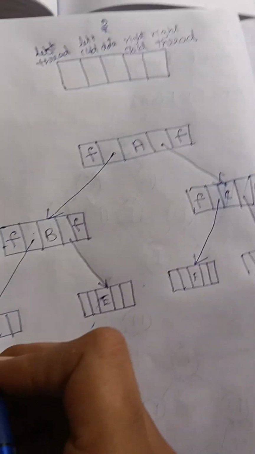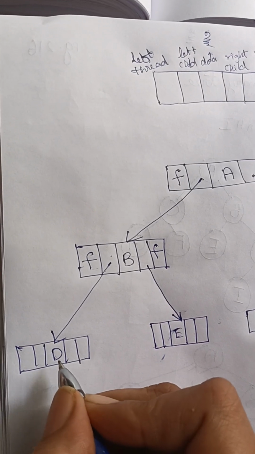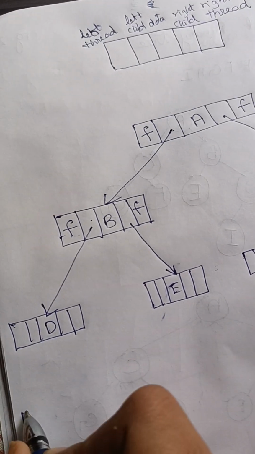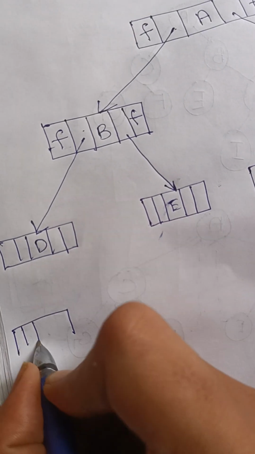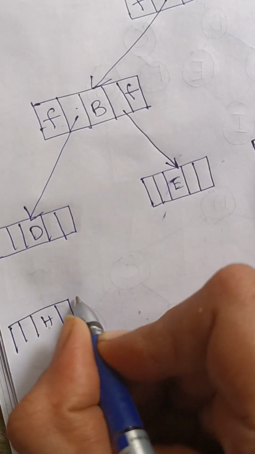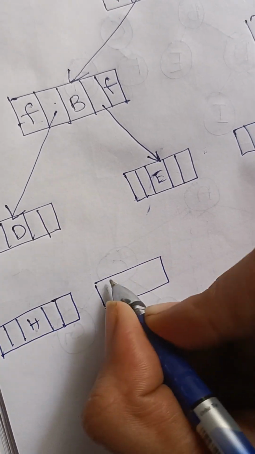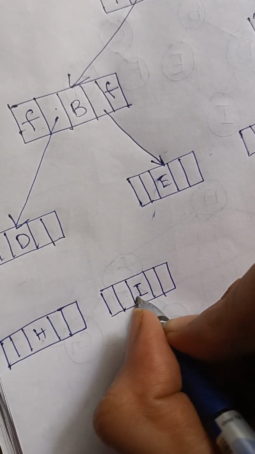Okay. Coming to your D. Is there a child for your D? Yes, we have children. H and I are children of your D. Okay. So we must write H, followed by your I. Okay.